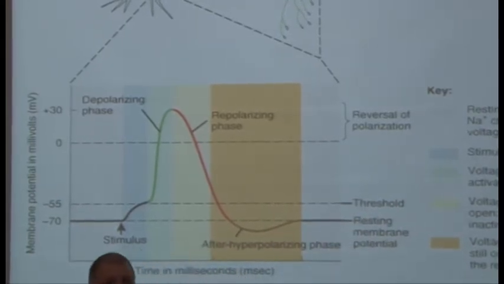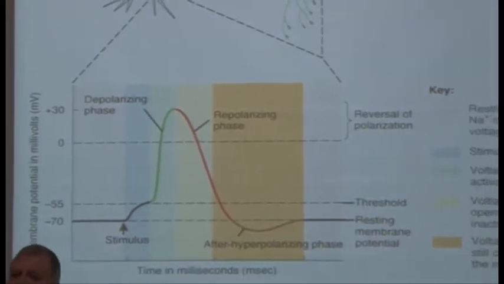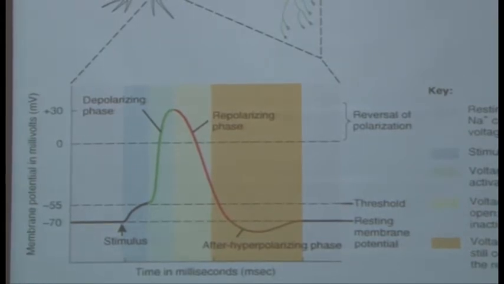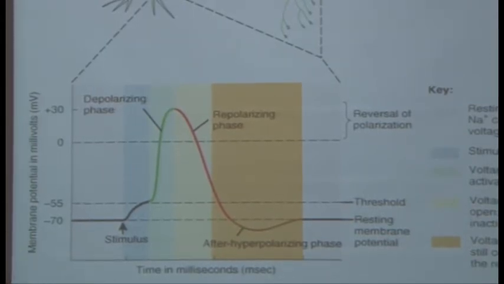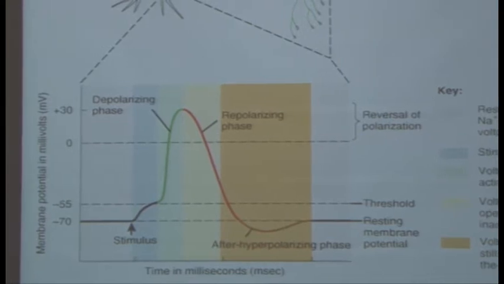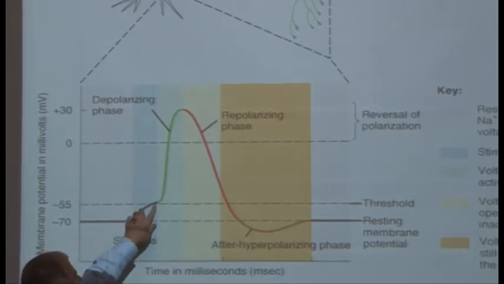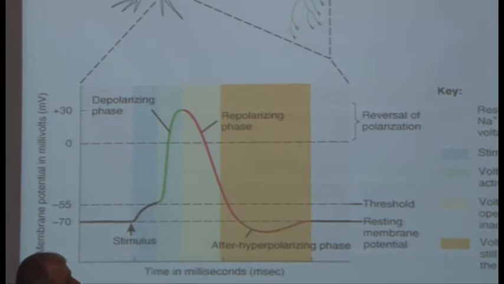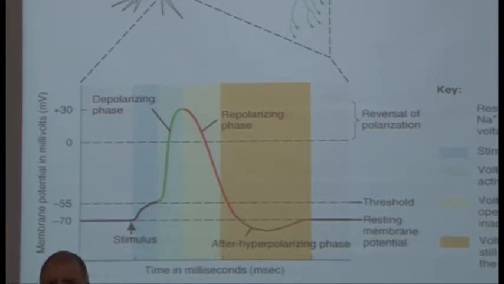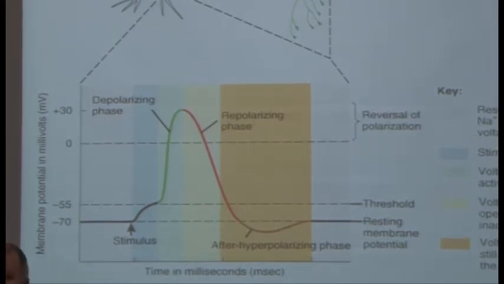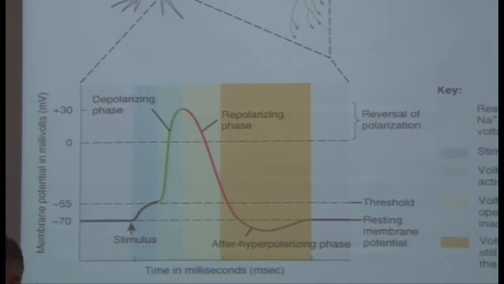So yesterday in lab, I was using electricity to create the threshold instead of acetylcholine. So I was taking over the role of the brain to make the muscle contract by using electricity. Okay? So once the membrane hits threshold, then we're going to open sodium channels, and the membrane is going to go through a very rapid depolarization.